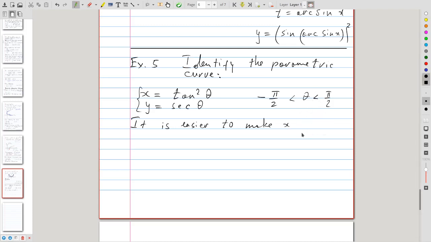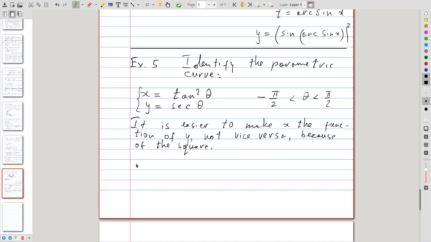Let's put it this way: to make x the function of y, not vice versa, because of the square. And what we have to do to relate this is just to use the Pythagorean identity.